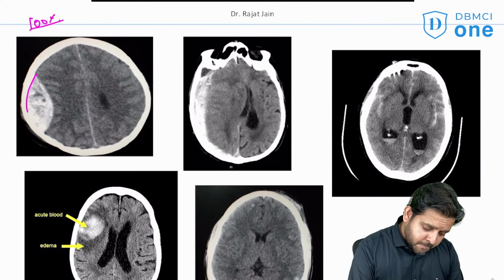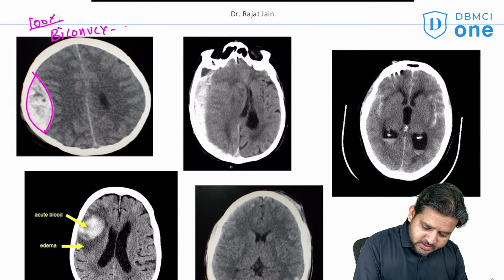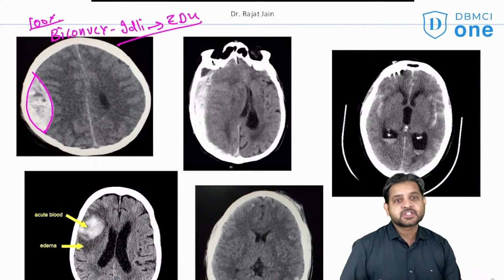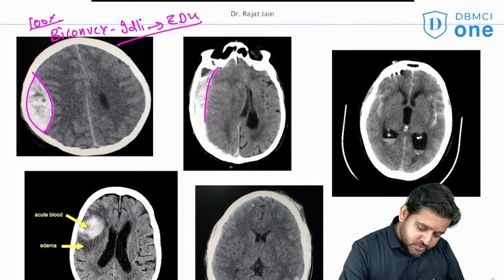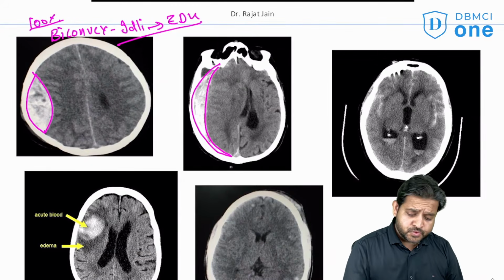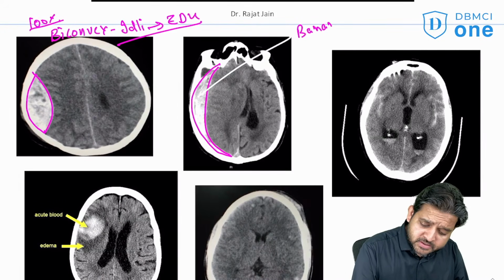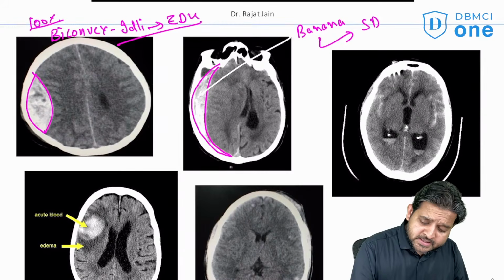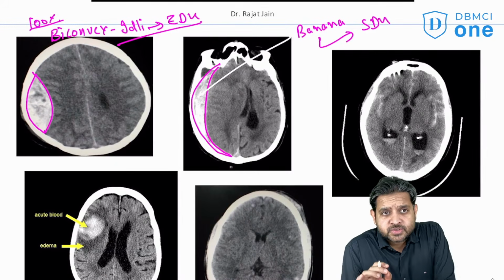If you see a biconvex hematoma, remember a biconvex hematoma, what is this? This is lemon shape hemorrhage, and if it is lemon shape, it is EDH. However, if you see a crescent shape hemorrhage, which is commonly called banana shape hemorrhage, then it is SDH, subdural hemorrhage, right?